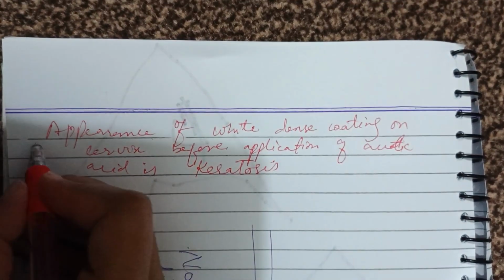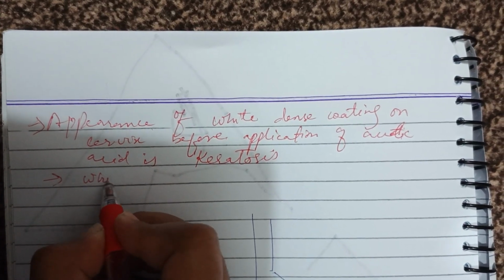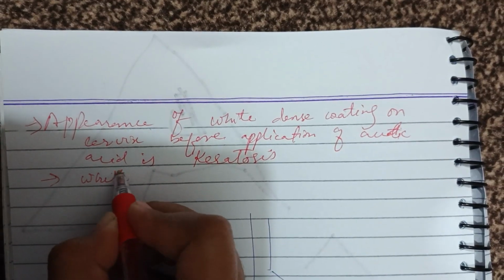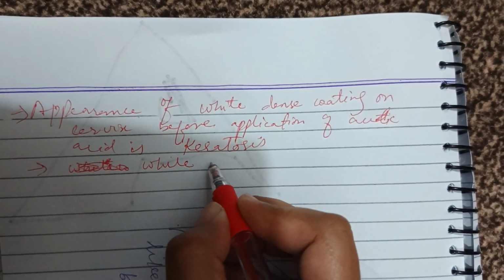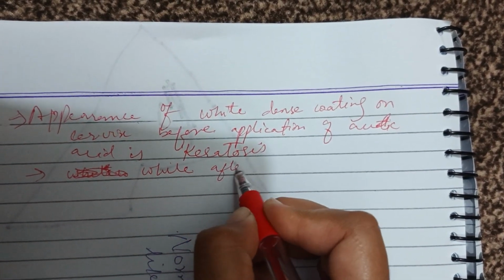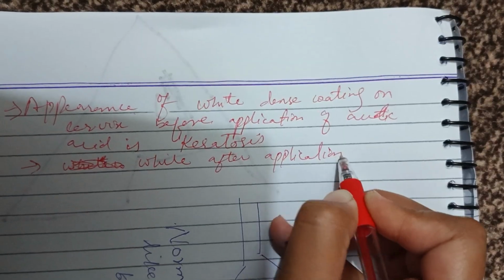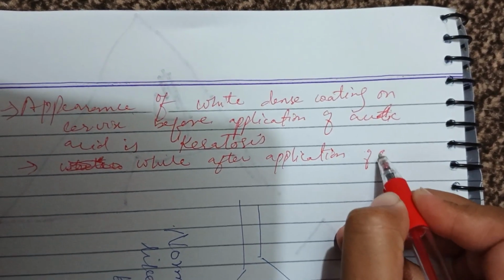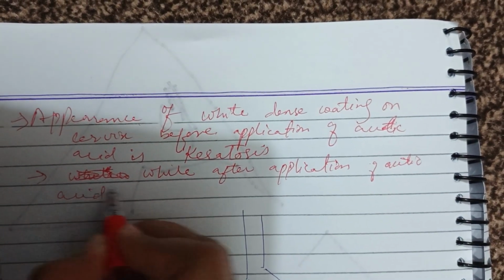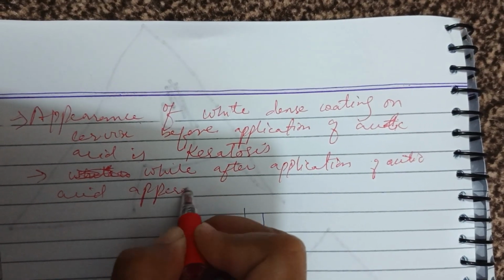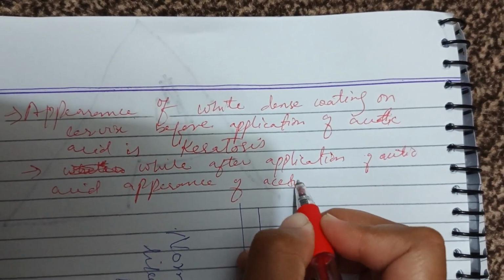Keratosis: before application of acetic acid we see a white dense coating, while when we apply acetic acid, abnormal epithelium turns white. This is called aceto-white appearance. The difference is that one is seen before application of acetic acid, that is keratosis, and the other is seen after application of acetic acid, that is aceto-white epithelium.